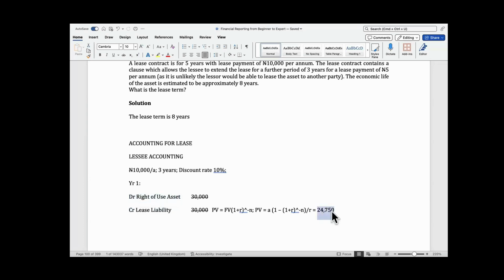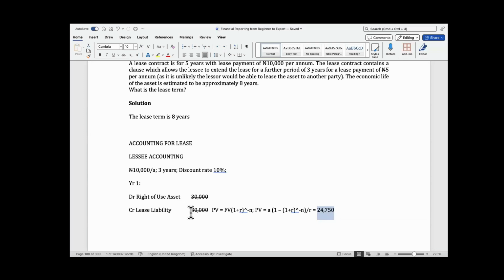And that's all. I really need you to understand this. I'm not just following the material today because I want you to understand, when you look at the material, why we are saying liability is measured at the present value of the unpaid lease rentals. You need to understand it.